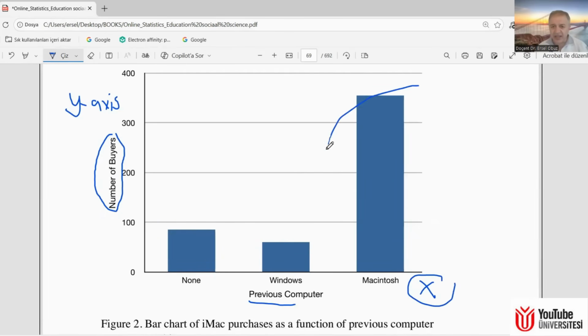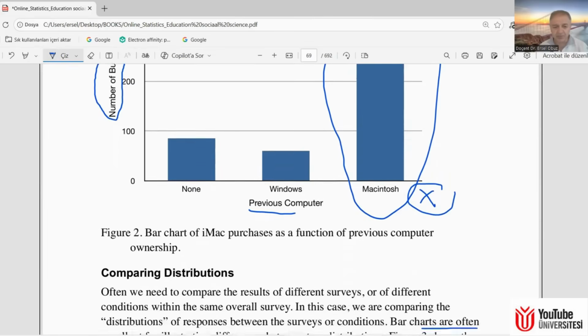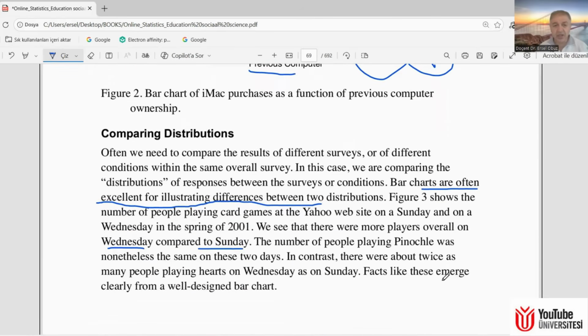As you see, Mac owners have the largest share, followed by the ones who didn't have a computer before, and the Windows users were last. If you want to compare two distributions, then it is better to draw a bar chart. Bar charts are often excellent for illustrating differences between two distributions.